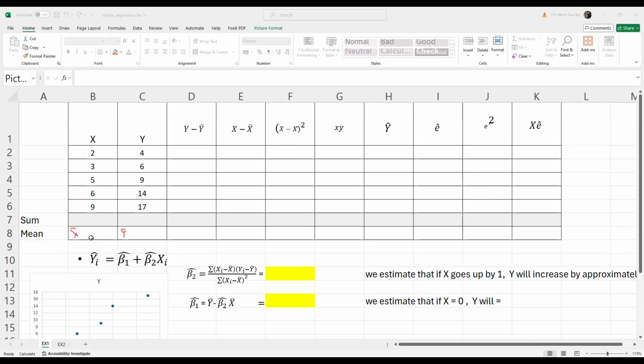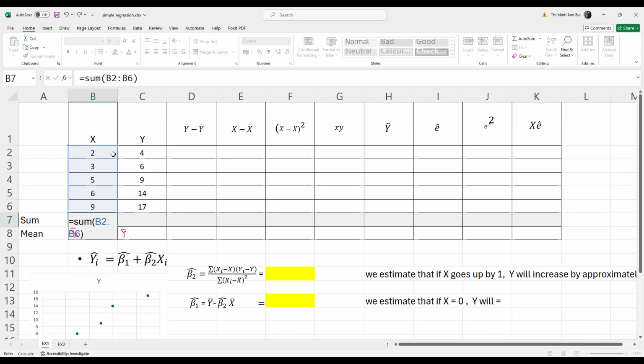How? First, let's sum all the data. Equal sum of all the above data. Left click and drag the data. Slowly, no problem. Okay, let's start.